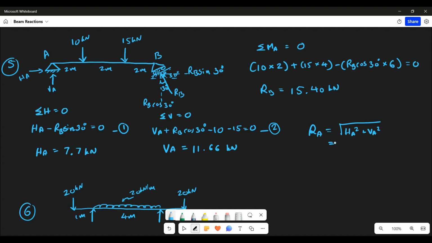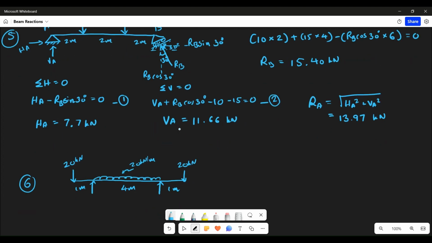I'm getting it as 13.97 kilonewton. Don't forget to write units, right? So RA is 13.97, RB is 15.40. So if you have a roller support that is inclined, you need to make components of it and then calculate it with same three conditions: sigma H equal to 0, sigma V equal to 0, and sigma M at A equal to 0.